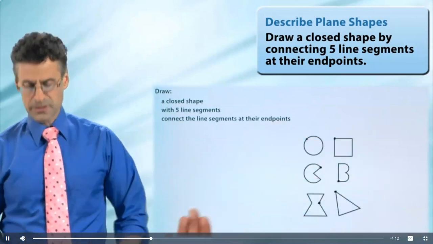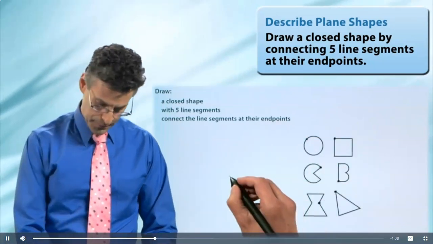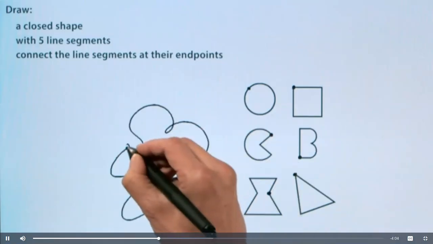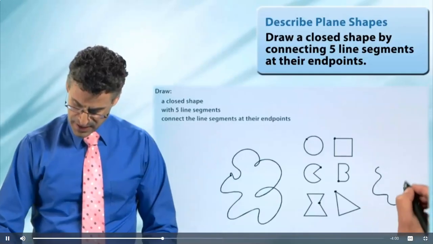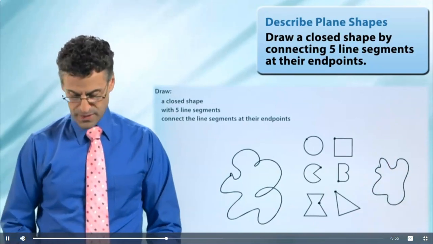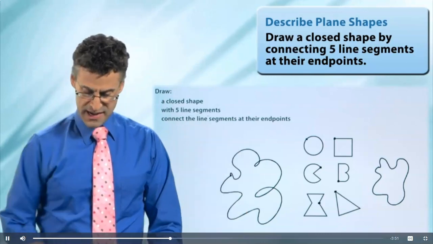So these are all examples of closed shapes. Basically, the bottom line is anything that you can draw where you start somewhere and just end that same place. So that's actually a really crazy one, but you could imagine even a nicer one. That's a closed shape. Now, but we want to do it with 5 line segments.